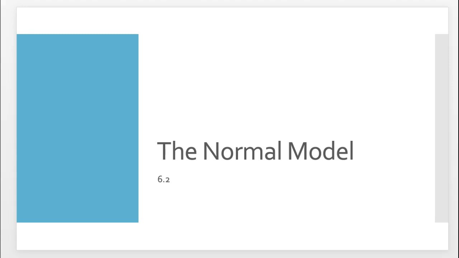Okay, but we jumped into the most famous continuous variables. Remember, there are discrete and continuous variables. Usually for discrete we're counting, whereas for continuous we're measuring. So we're going to continue where we left off with the normal model.